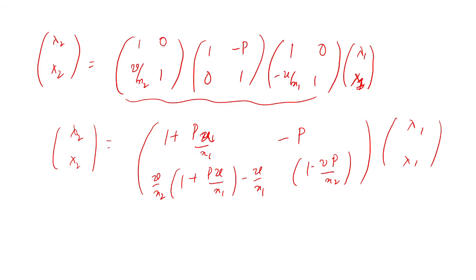So if I'm given lambda 1 x1 and the power of the lens, I can figure out where lambda 2 x2 is.